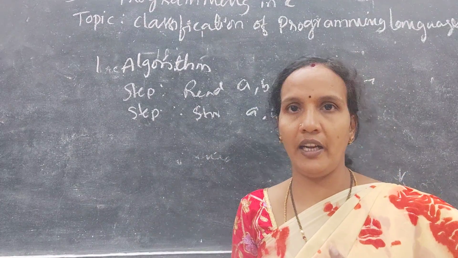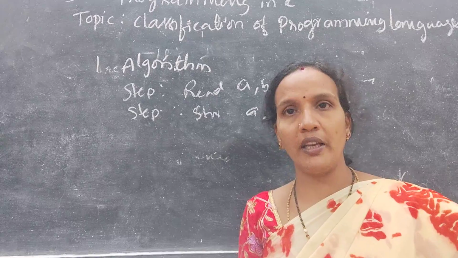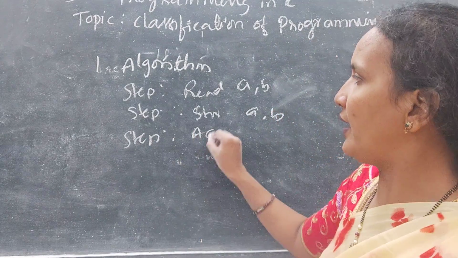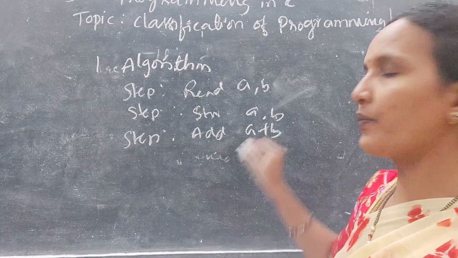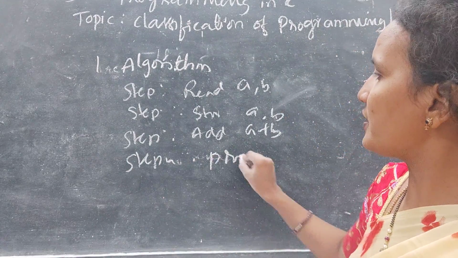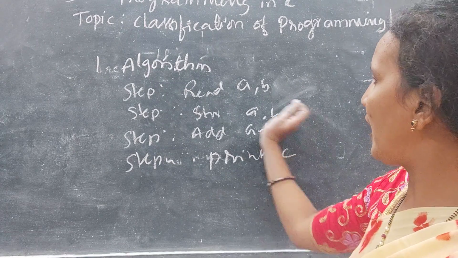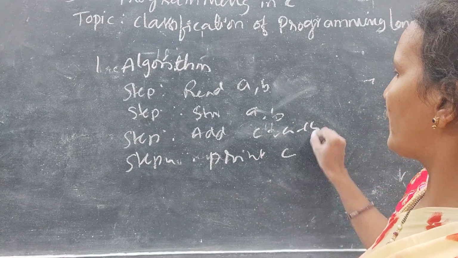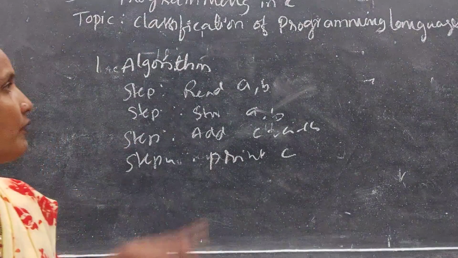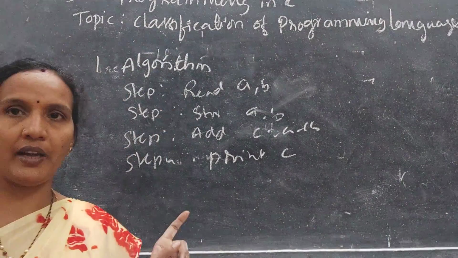First we are reading a and b, next we are storing values in a, b. Next, step 3, add a plus b. Next, step 4, print c. Actually, add c equals a plus b, next print c. Understood? Here, first we are reading a, b values.